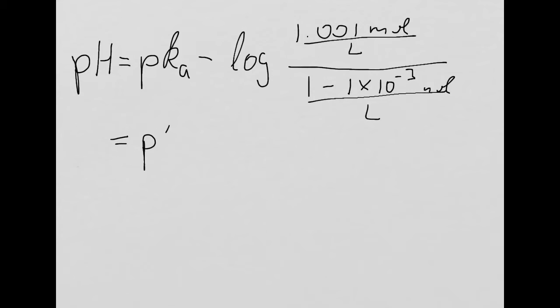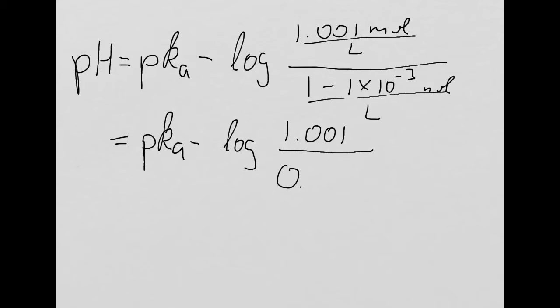Equals pKa minus log 1.001 divided by 0.999 exactly. Can somebody do the calculation for that? What do you get for this? 1.001 divided by 0.999. 1.002.